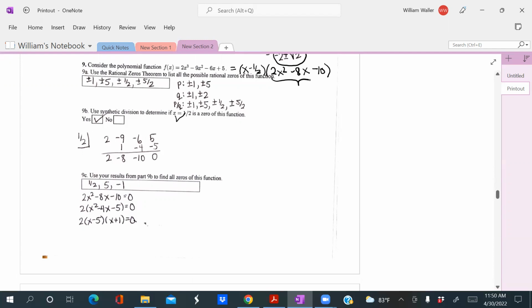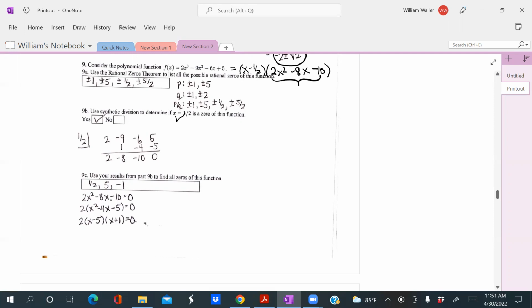Now, if we can just find the factors of 2x squared minus 8x minus 10, right? Then we are going to find the other zeros of this polynomial. So that's what I've done in part C. I took the 2x squared minus 8x minus 10, set it to 0, tried to solve that equation. Might be able to solve that using the quadratic formula, but in this case, we get a lucky break because this factors.